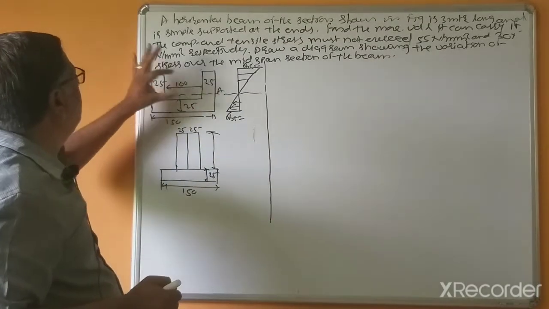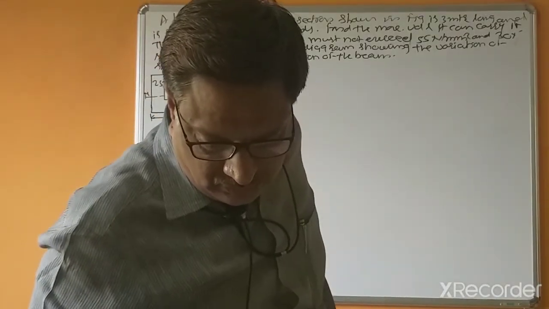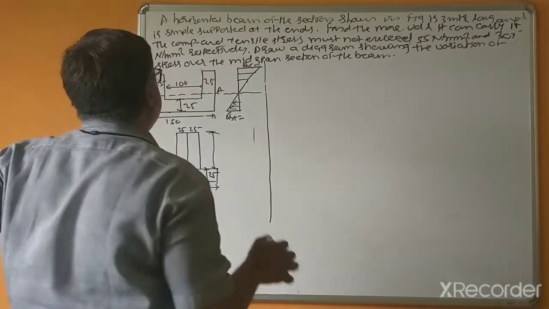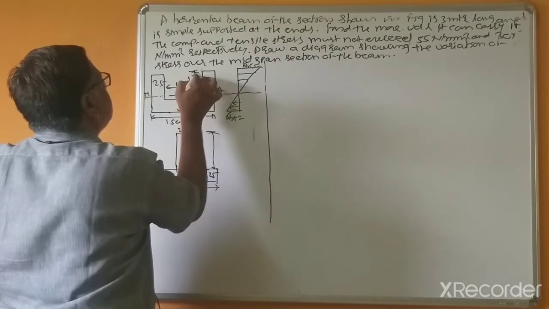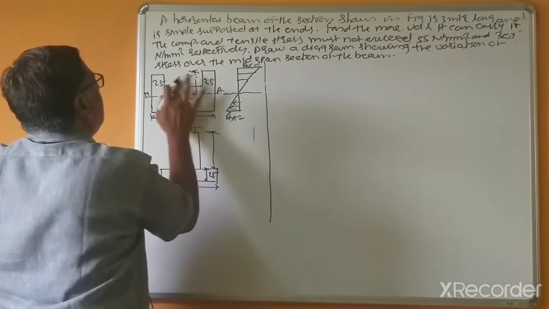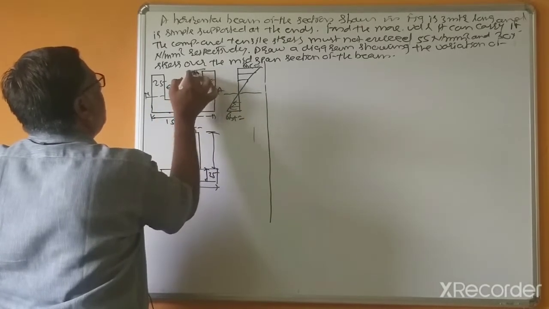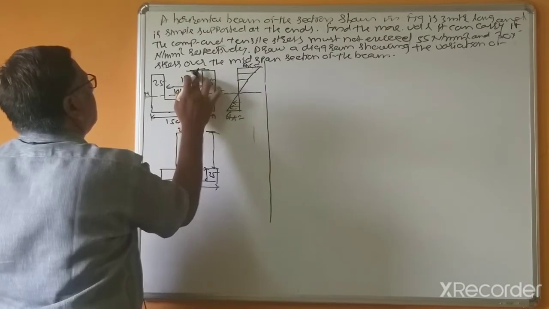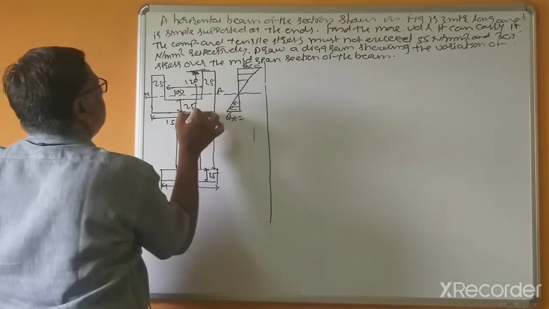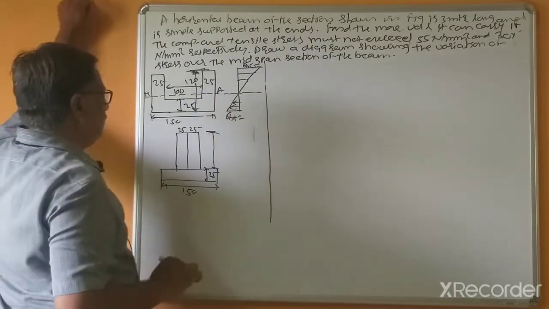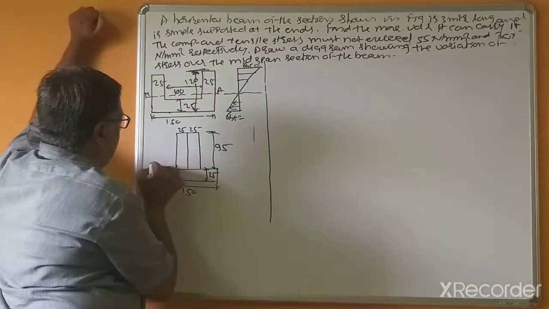This is 25, this is 20, height also we require. Height is given. This is 120. So that's why the remaining is 95.